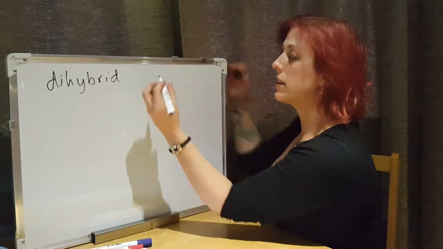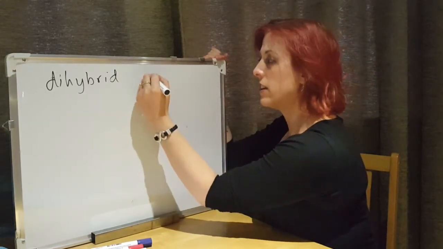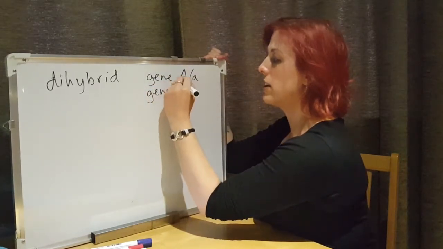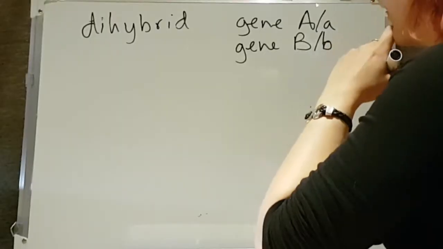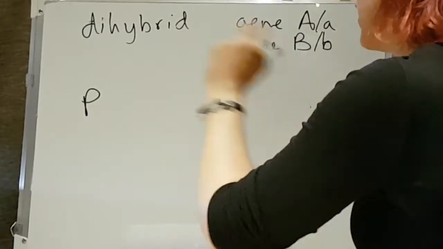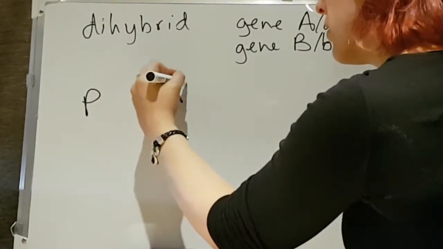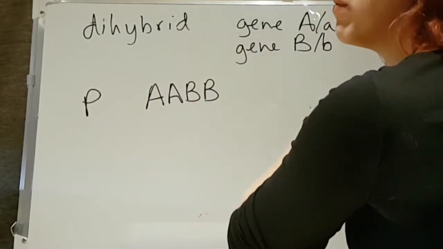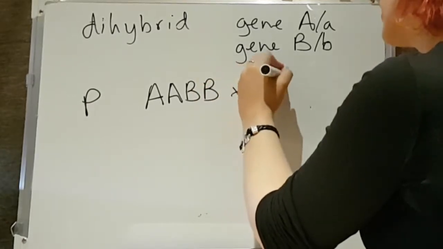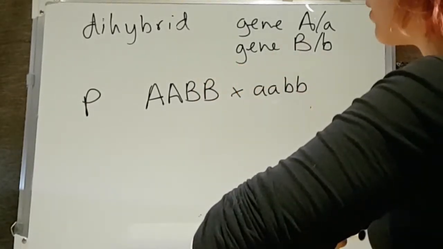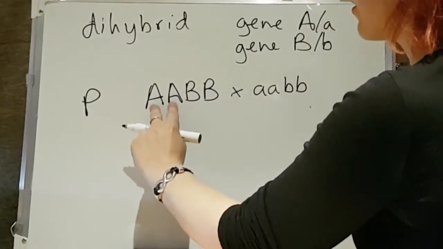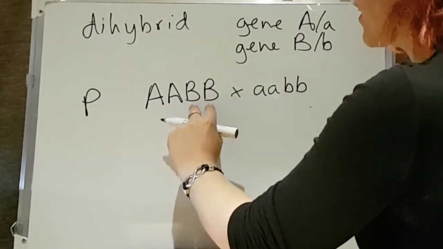So we're looking at individuals who have gene A and gene B. If we were to take 2 true breeding parents, then what we usually have is one that is homozygous dominant for both genes, crossed with one that is homozygous recessive with respect to both genes. This is how we express it. We put the 2 alleles of one gene together and the 2 of the other together.